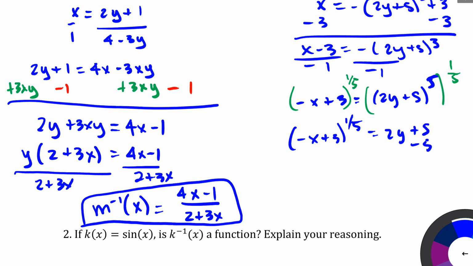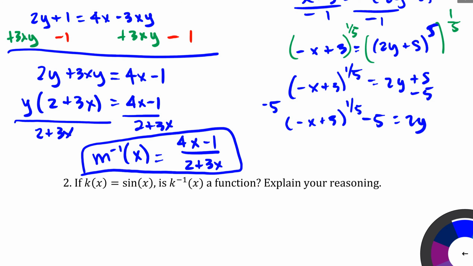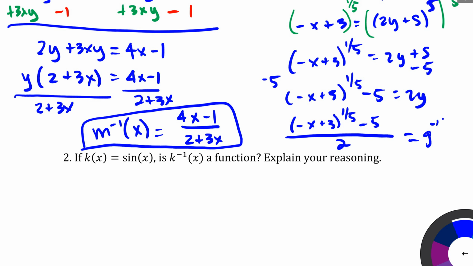I'm then going to subtract 5 from both sides. So I have -x plus 3 to the 1/5 power minus 5 equals 2y. And then divide everything by 2. So you're going to have -x plus 3 to the 1/5 power minus 5 all over 2 equals your function g -1 of x.